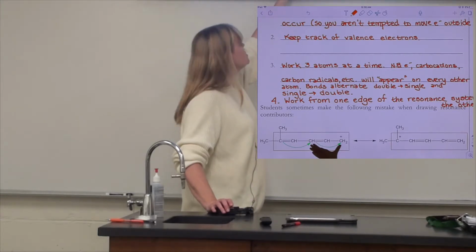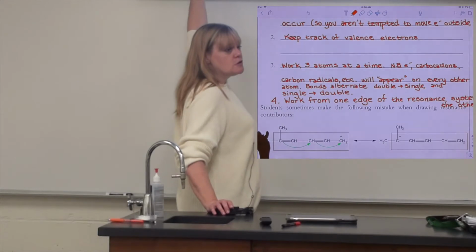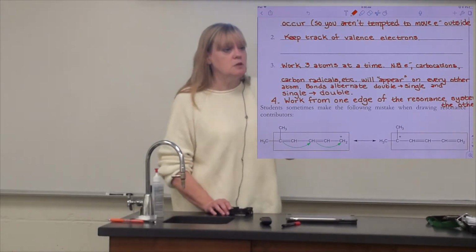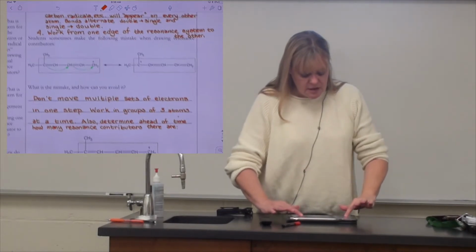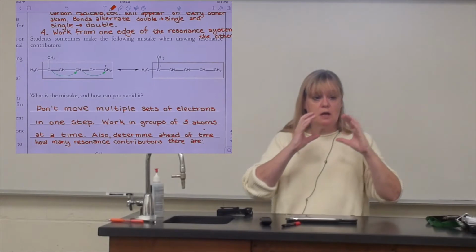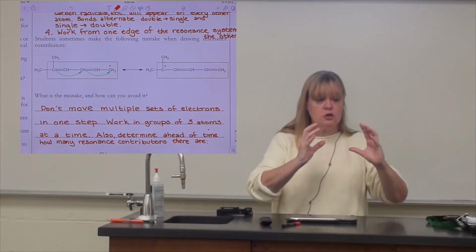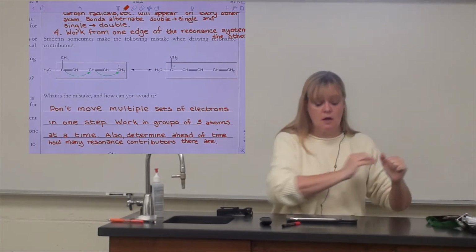The positive charge is going to be here, and then here, and then here. So you should have 3 resonance contributors for that. The take-home message is working groups of 3 atoms at a time. Just do 3, draw that structure, then do the next set of 3 and keep going until you get to the other end.